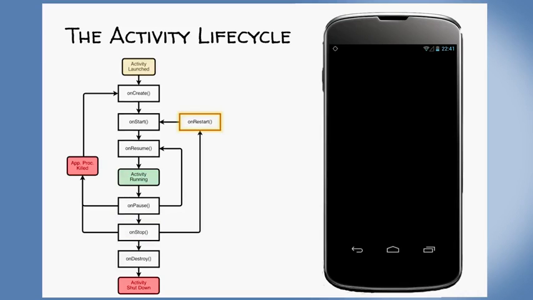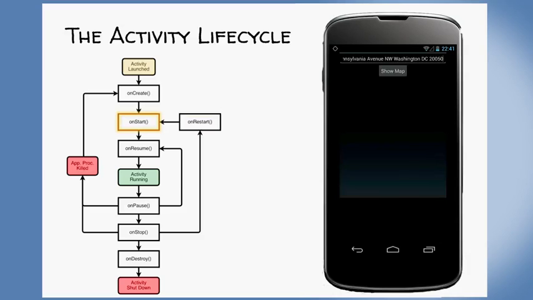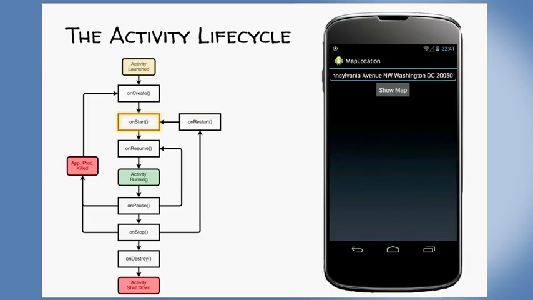So as Android does this, it will first call onRestart, and then onStart, and soon after this, map location will again be visible. Next, Android will call map location's onResume method, soon after which the map location activity will be both visible and ready for user interaction.